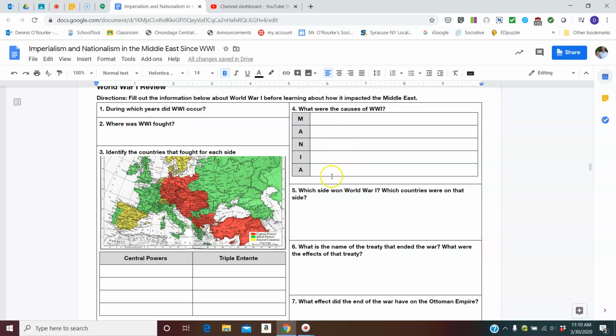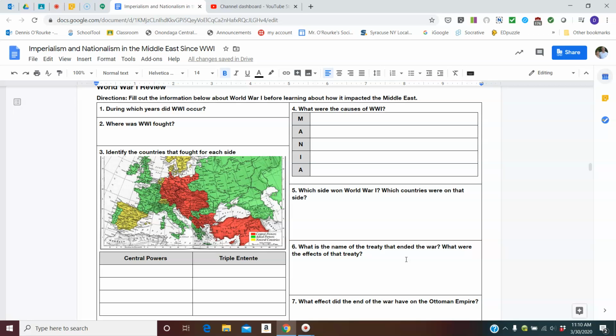You got your main causes, or your MAIN causes: militarism, alliances, nationalism, imperialism, and the assassination. Which side won? The Triple Entente. And again, you've already listed the countries that are there, so you don't need to relist them if you've put them here. The treaty that ended the war, you should remember, was the Treaty of Versailles. And that treaty was a very harsh treaty.